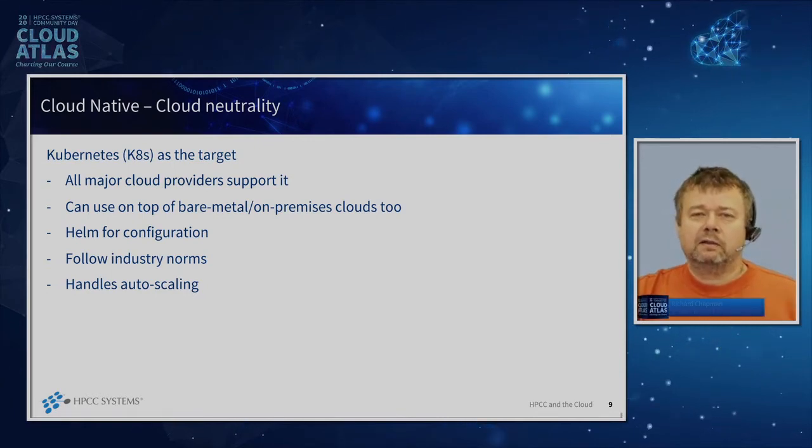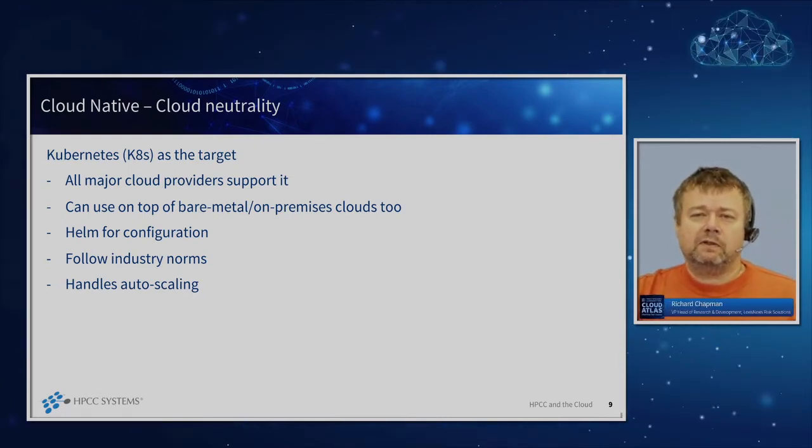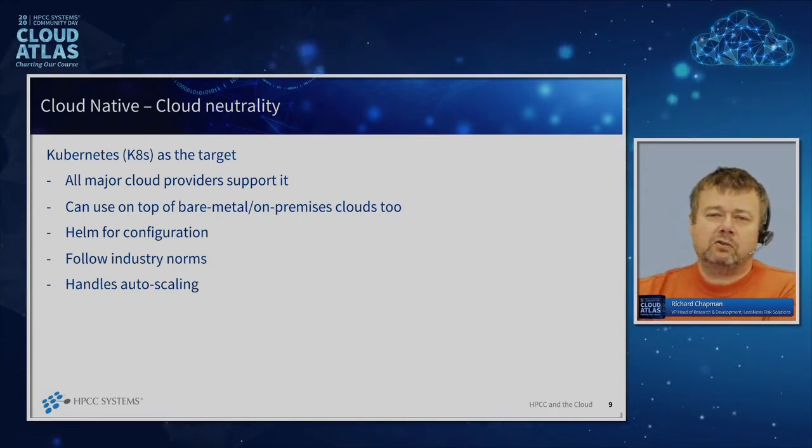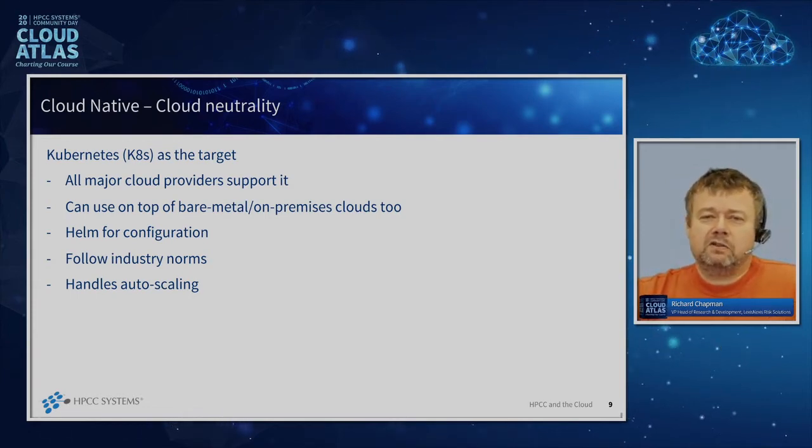Having said that, there are unique features of each cloud vendor too that we don't want to treat as out of bounds. For example, Azure Blobs or Amazon S3 storage. So we are providing plugins that integrate access to such features as appropriate. The standard way to configure a Kubernetes cluster is to use Helm.